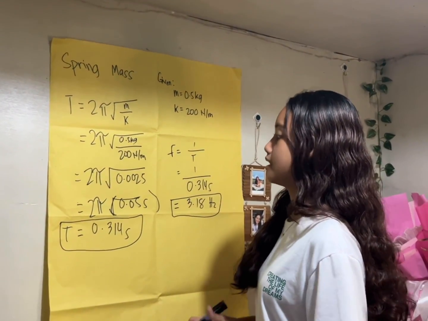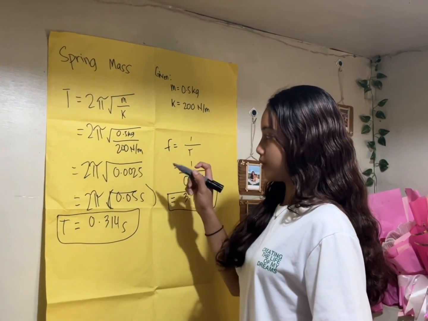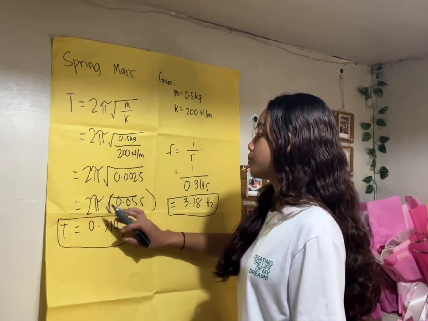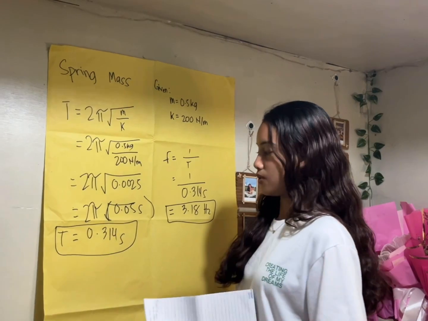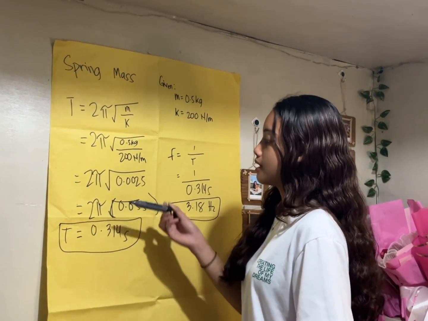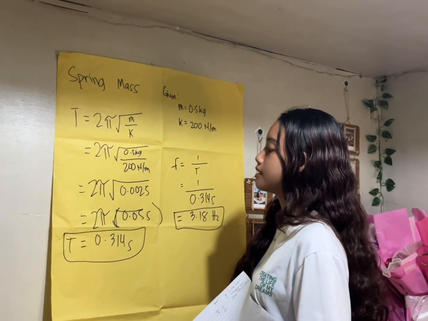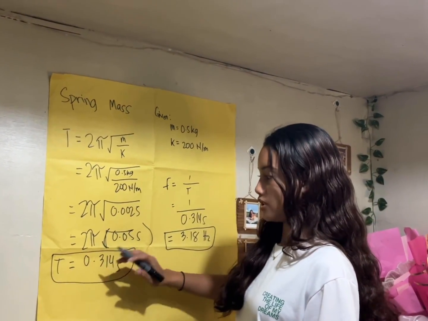The next is 2 pi times the square root of 0.0025, which is equal to 0.05 seconds. So we're gonna multiply 2 pi times 0.05 seconds.